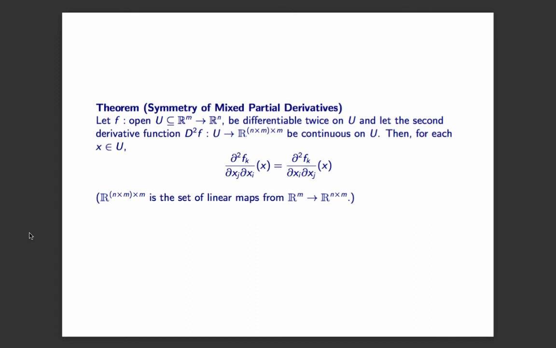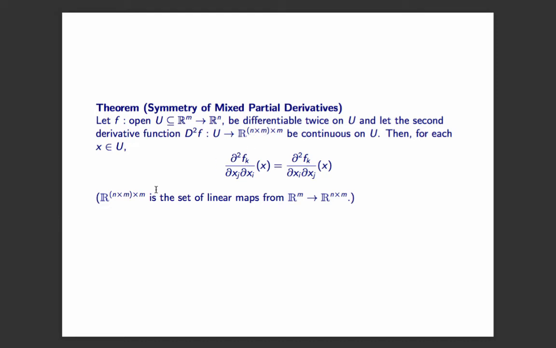So when is the Hessian symmetric, or when is the matrix representing the bilinear map symmetric? Well, suppose that F maps a subset of Rm to Rn, is differentiable twice on U, and the second derivative function, which, remember, maps U to a linear mapping from m to n by m, which also can be thought of as R n by m by m.